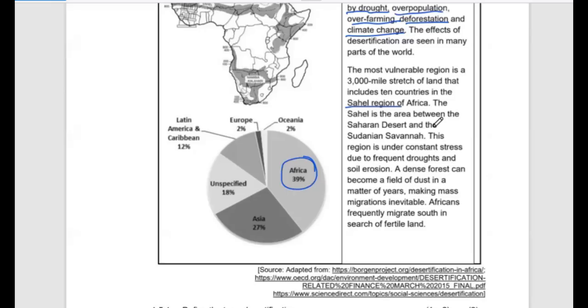Right, then we'll look at the next question, which talks about the implications of desertification on the areas. When you're looking at economic, look at something to do with making money, the ability to make money in the areas. How is it impacted?